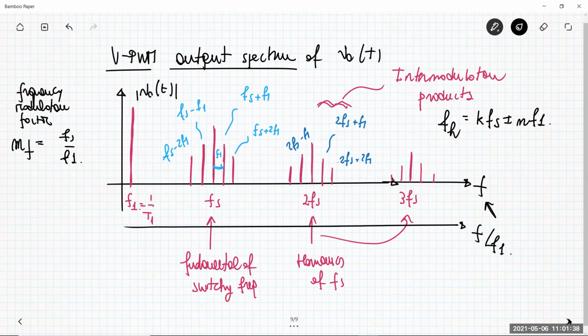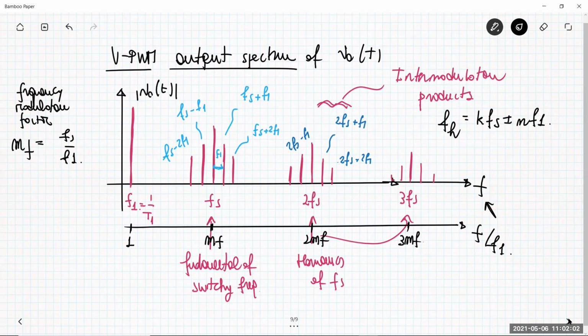So I can rescale my horizontal axis. Instead of having the frequency, I have something which is dimensionless, which is F over F1. For example, here, where you have Fs over F1, this is exactly MF. This is 1. This is 2 MF. This is 3 MF.